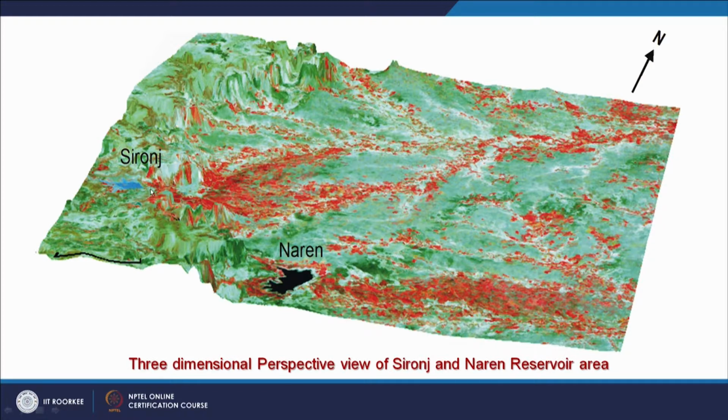So if we want other parts of this area to also become green, or groundwater to be made available, then the reservoirs should be constructed at somewhat higher levels as in the case of Sironj, and not at almost the same level as in the case of Narain, because here the hydraulic gradient is not as big as in the case of Sironj.